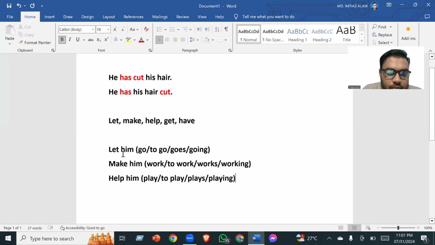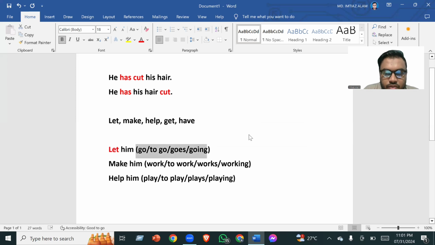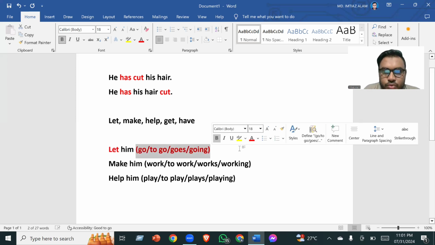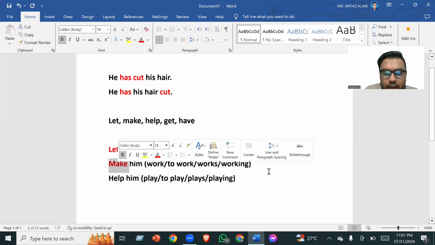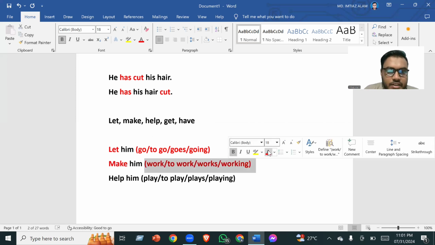You can see between two verbs, let is the first one, and these are the second one. So between the two verbs, you're saying the object him. Again, you can see make, the main verb, and these are the second verbs. And between these two verbs, there is the object.